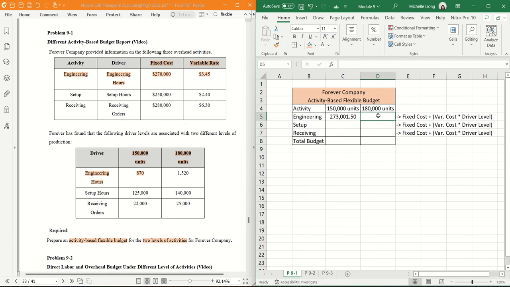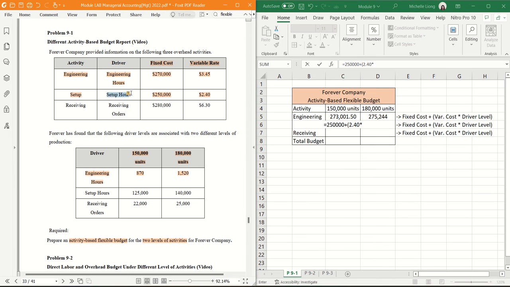Next one, the same as this one, we'll just copy paste it and change the driver into 1,520, and yep, we got it. The next one is still the same. Setup, the fixed cost is 250K, plus the variable rate, which is 2.40, times the setup hours right here.